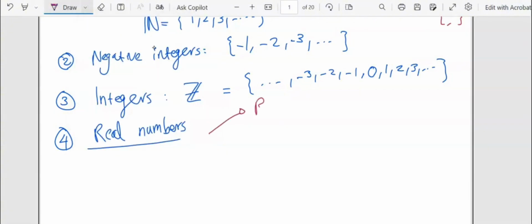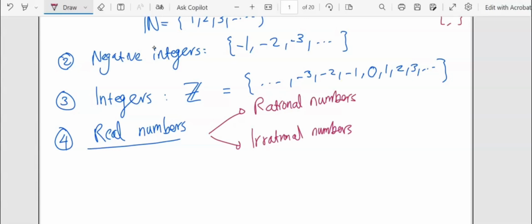We call them rational numbers, and we'll see in a minute what they are, and irrational numbers. Rational numbers we denote by Q, written like that just to differentiate.